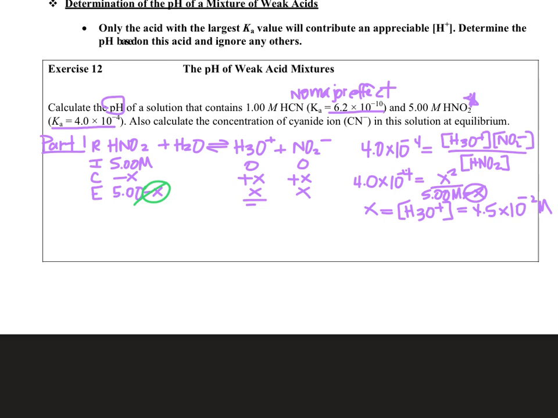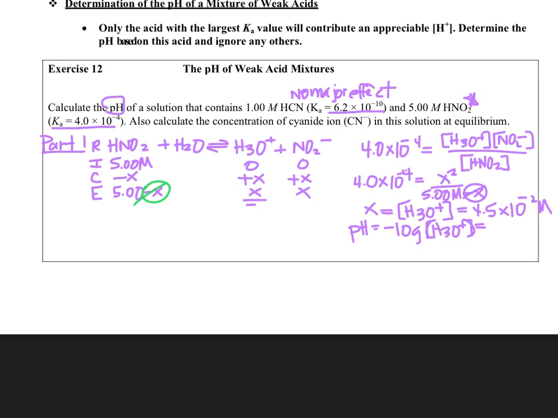We know that's the one that's going to contribute appreciably. So that's the one thing I want to point out. So when we set that up and you plug that in, pH equals negative log of the H3O plus concentration. There should be brackets, I'm sorry, I got a little lazy right there. My brackets look more like parentheses.